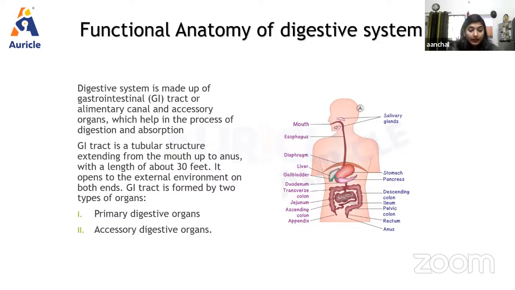The small intestine also has its own juice, succus entericus, and it receives bile from the liver and pancreatic juice from the pancreas, which contain very important enzymes for the digestion of fats, carbohydrates, lipids, and proteins.